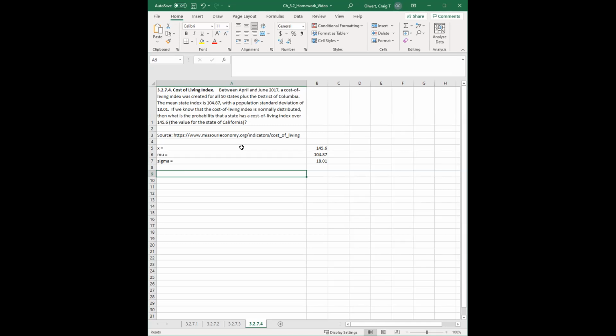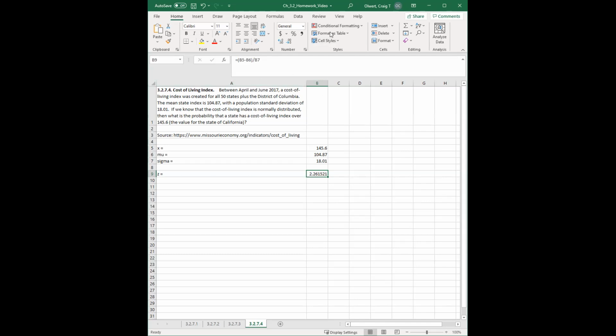Because it's inconvenient to get the Greek letters, we will just spell them. Now to calculate the z-score, put equal sign, open parenthesis, x minus mu, close parenthesis, divided by sigma. Then press enter. Rounding the result to 2 digits gives us the value z equals 2.26.